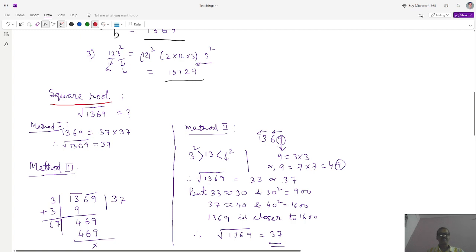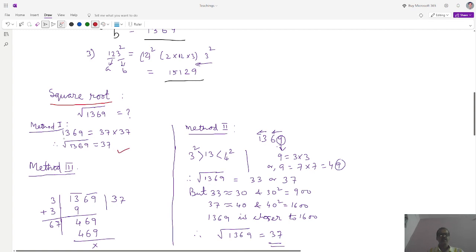Method 1: 1369 equals 37 into 37. So root over 1369 equals 37.